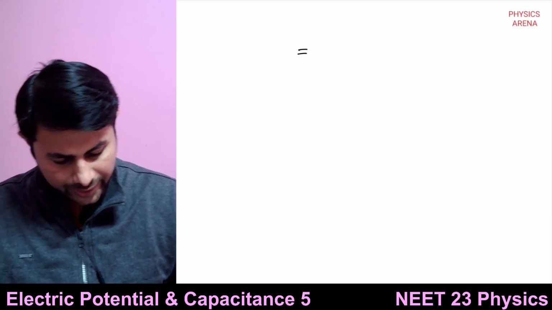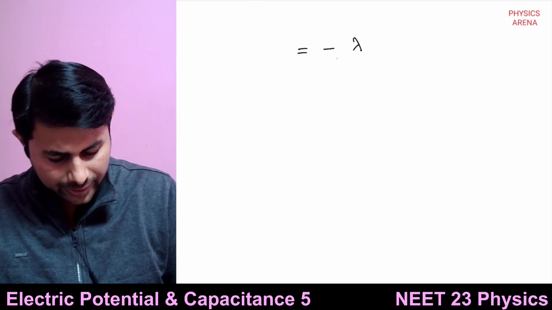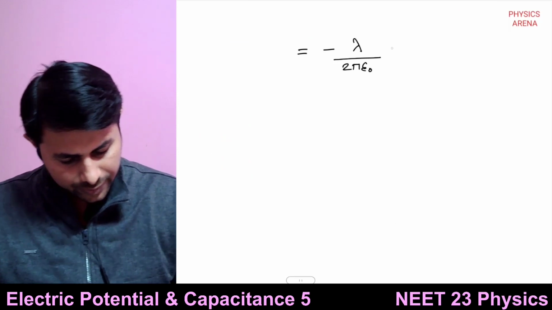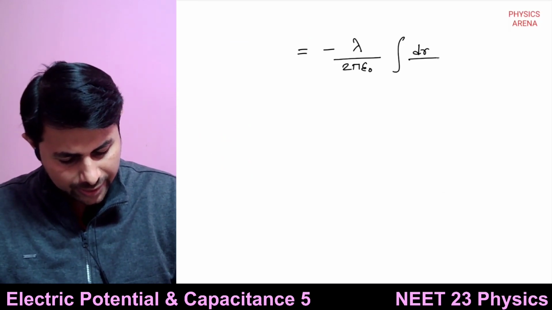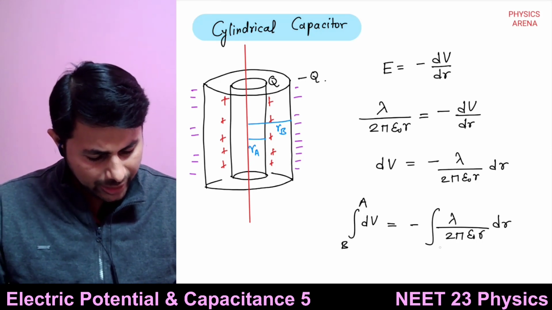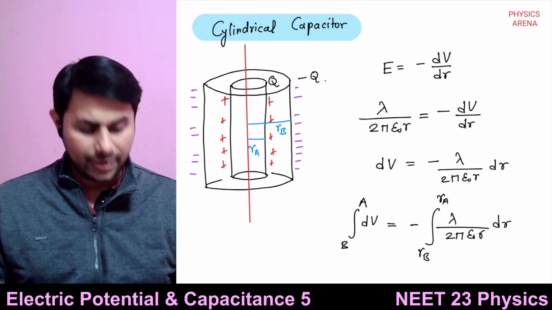So what do we get? We get minus lambda upon 2 pi epsilon naught times the integral of dr upon r, and from where to where? From B to A, right? RB to RA.